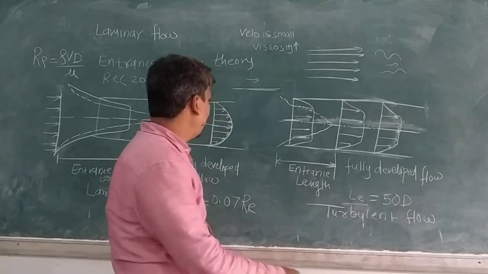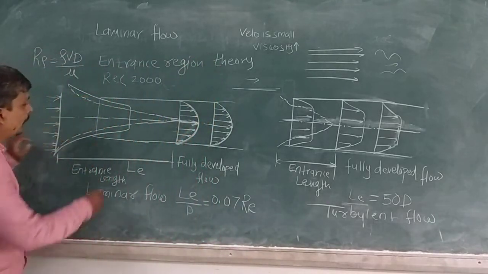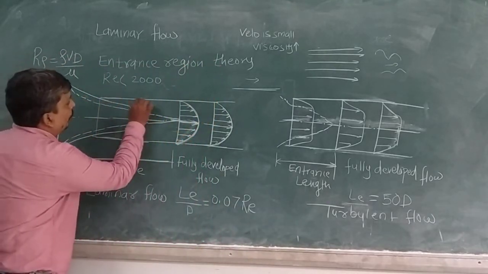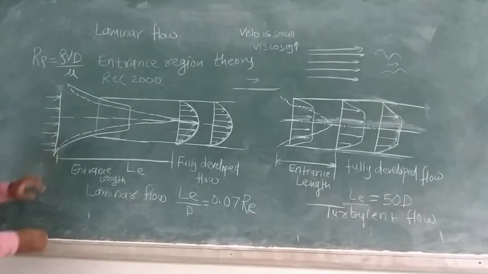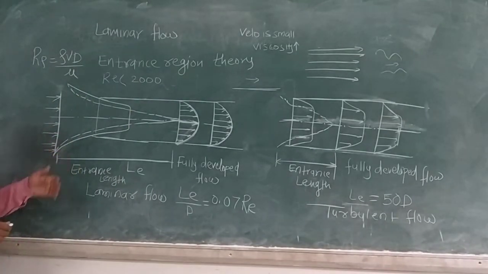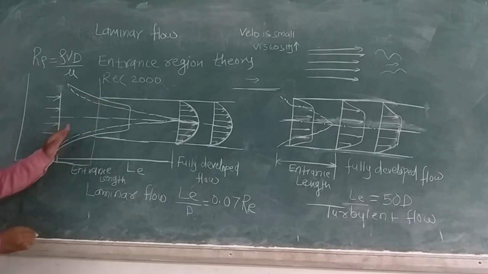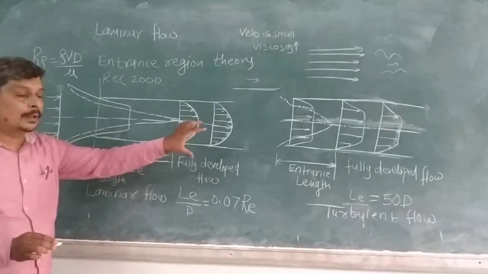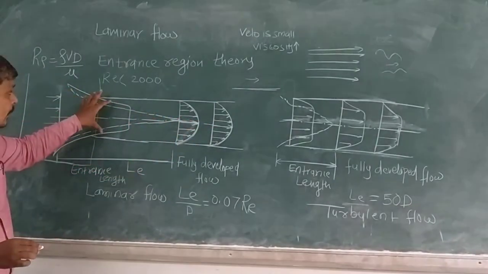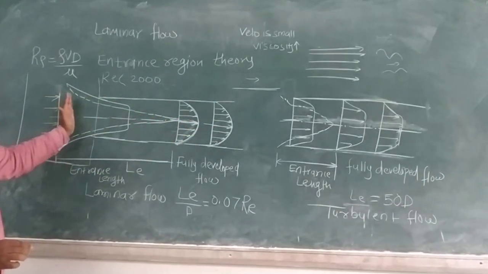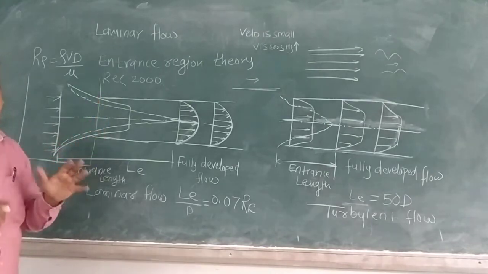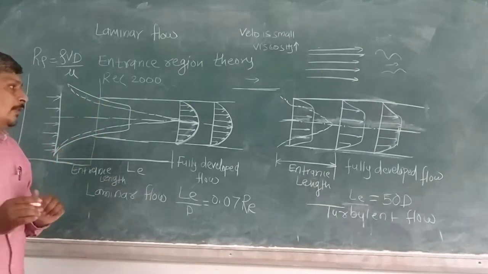Suppose this is a pipe shown here, and this pipe is connected to another fluid source, or suppose a tank. The flow is taking place through this pipe. As the fluid enters, initially the velocity is uniform.